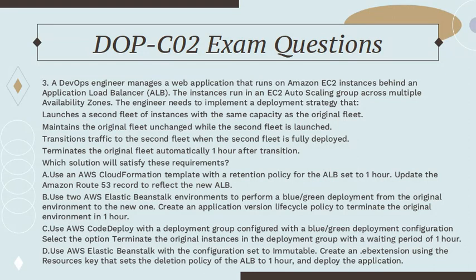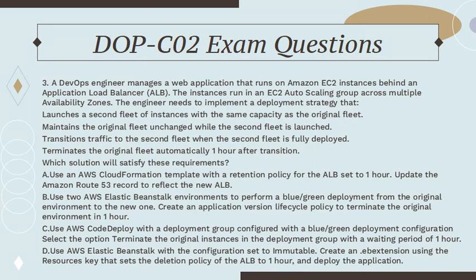A. Use an AWS CloudFormation template with a retention policy for the ALB set to 1 hour. Update the Amazon Route 53 record to reflect the new ALB. B. Use 2 AWS Elastic Beanstalk environments to perform a blue-green deployment from the original environment to the new one.